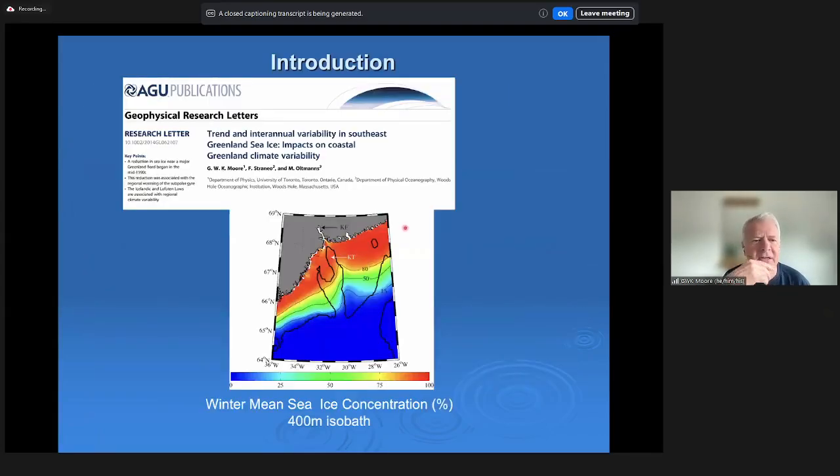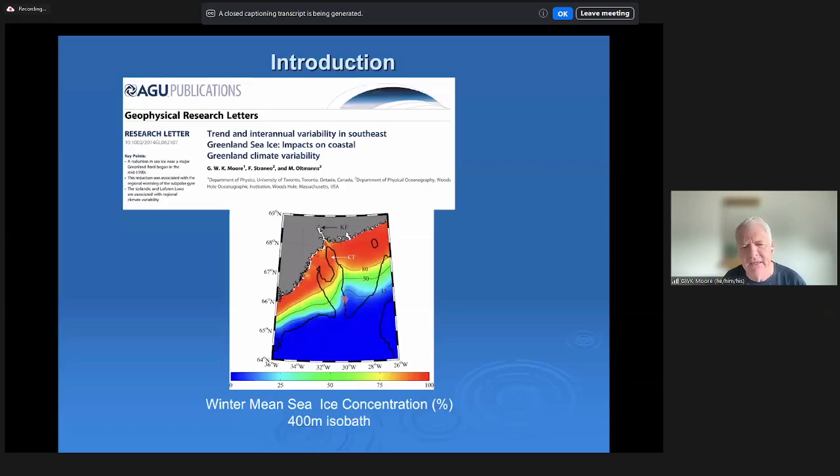So this is a paper that we wrote up about a decade ago, looking at this notch off of the Kangerlussuaq Fjord. What I'm showing here is the mean sea ice concentration in the winter and the 400-meter isobath.